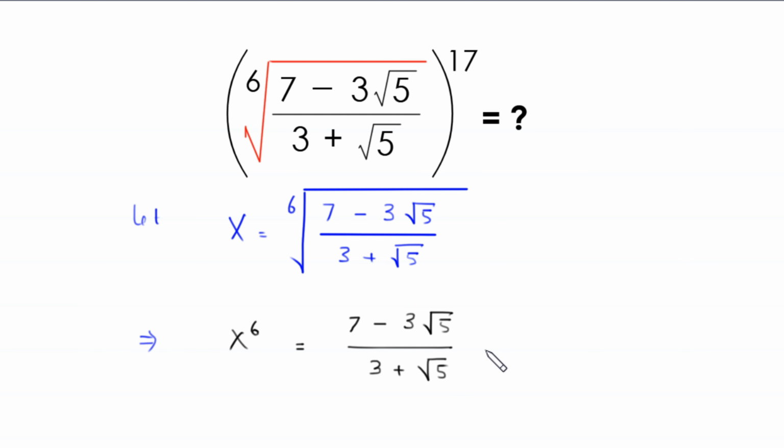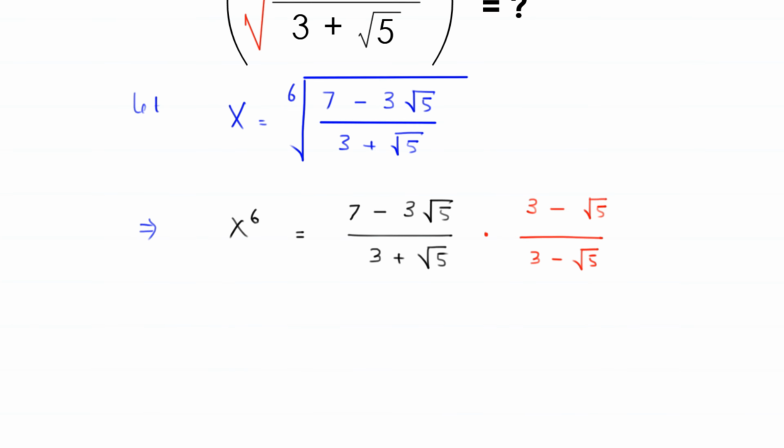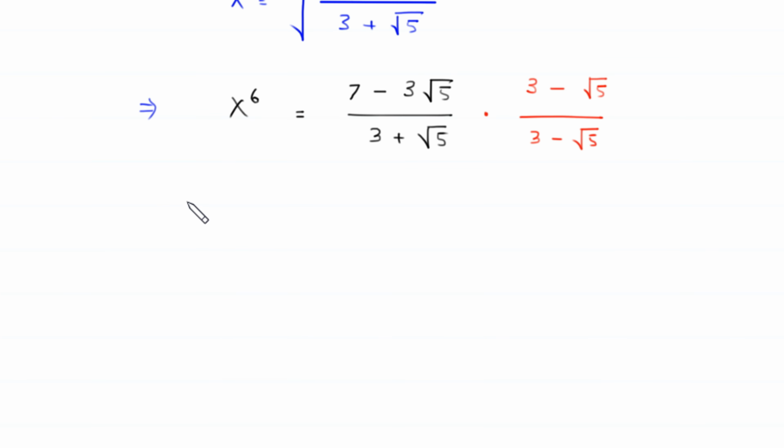To rationalize the denominator, we multiply and divide by 3 minus root 5. Next, x to the power 6 is equal to: 7 times 3 will become 21, and 7 times negative root 5 will become negative 7 times root 5.